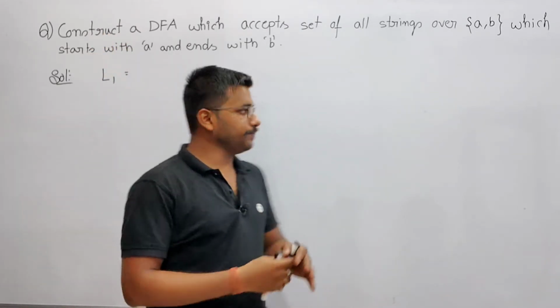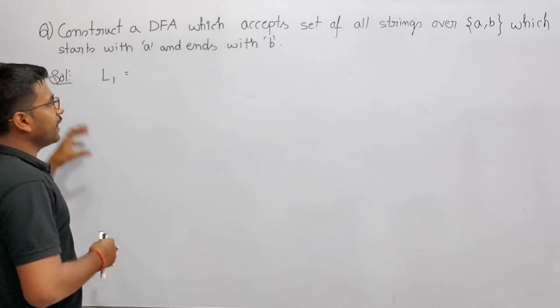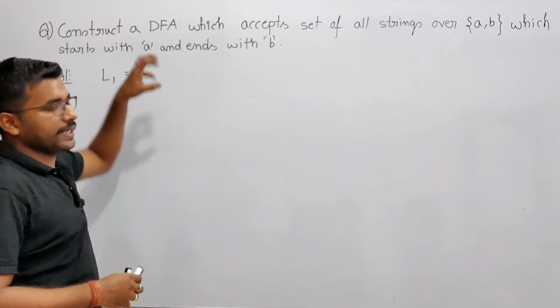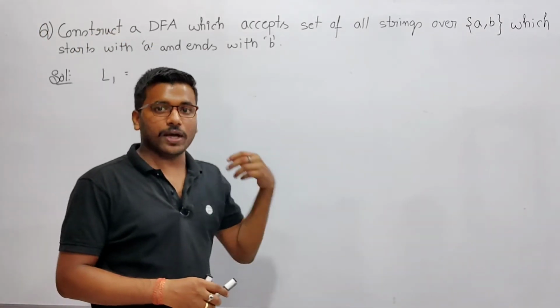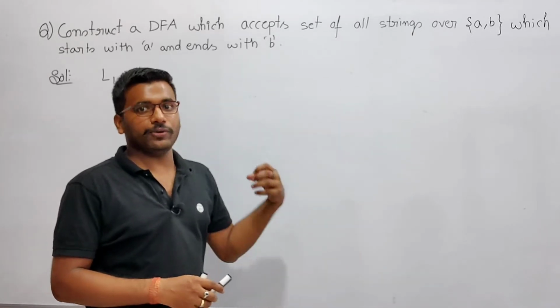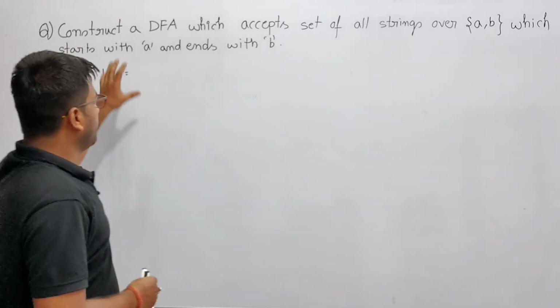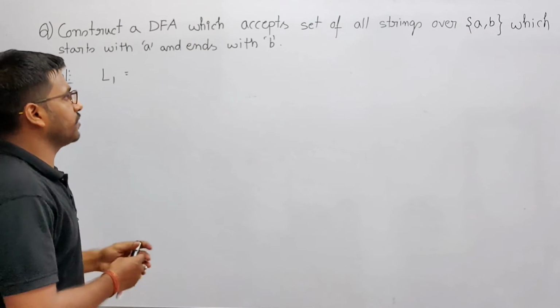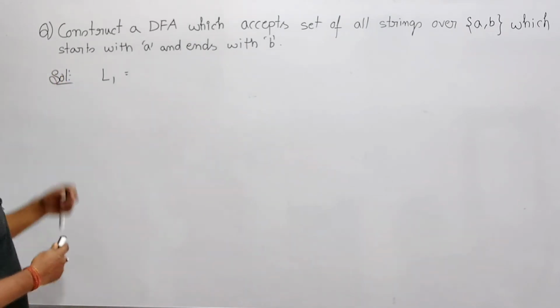It's a coincidence here that if you do the concatenation of two languages, or the AND of two languages, you are going to get the same language. It says set of all strings over a, b which starts with a and ends with b.